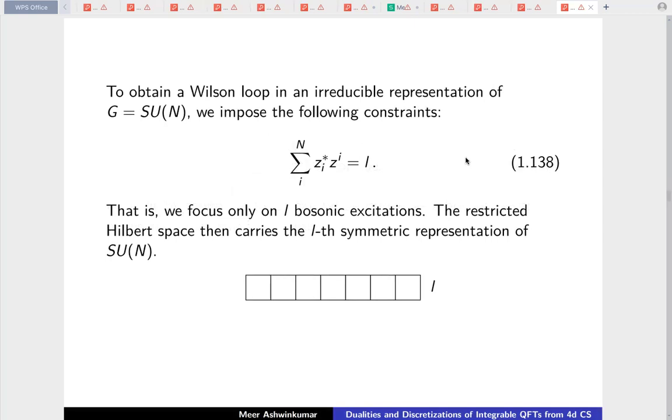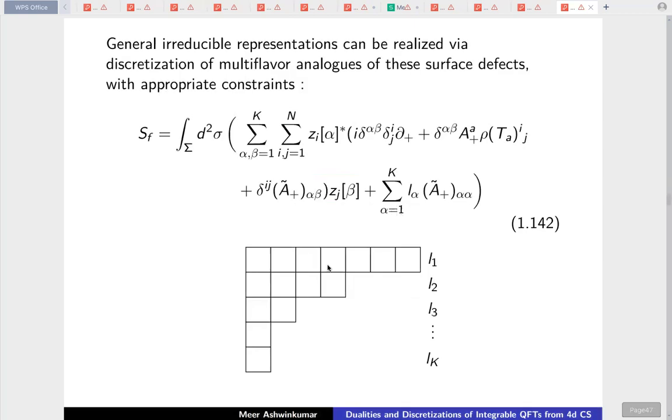So if we want an irreducible representation, we need to impose these constraints, which is just the analog of the constraint we saw earlier. So here L is some integer, but this constraint will restrict the Hilbert space to the Lth symmetric representation of SU(N). And more generally, just like in the fermionic case, I can consider a multi-flavor analog of these surface defects with bosonic degrees of freedom.